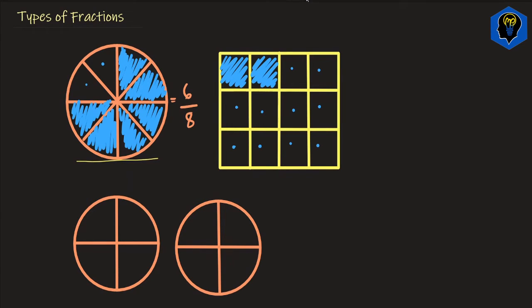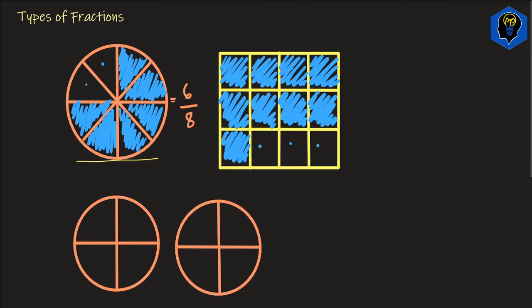So, 1, 2, 3, 4, 5, 6, 7, 8, 9. So, if we will shade 9, that will be 9 parts out of, ilan nga yung total? 12. So, we write the fraction as 9 over 12 or 9/12.